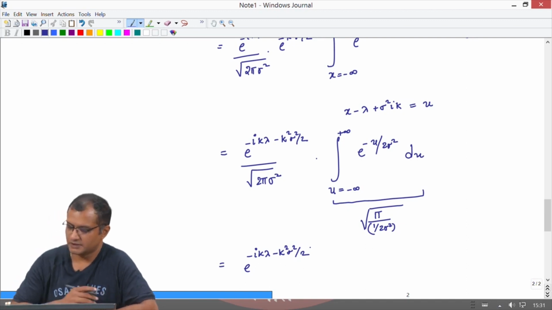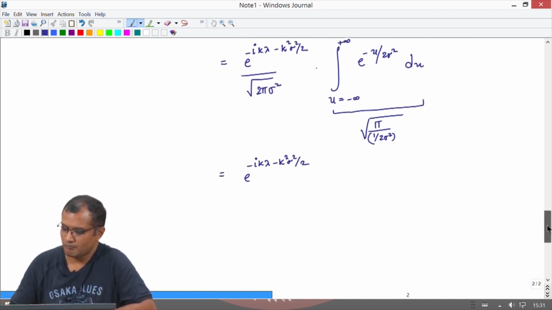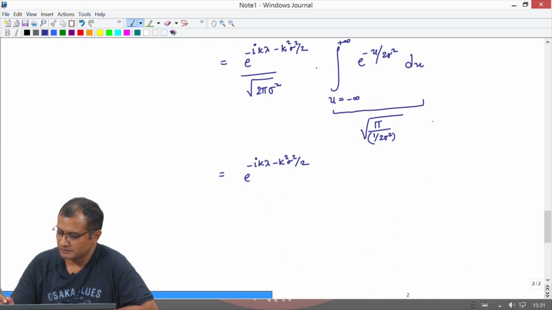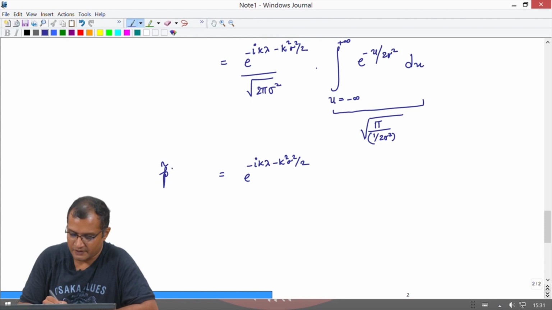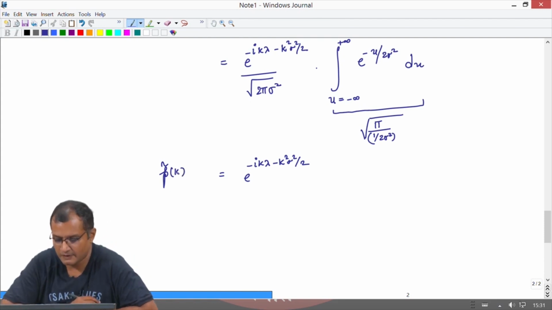Okay. So, fine. So, then this is the characteristic function corresponding to the Gaussian distribution.